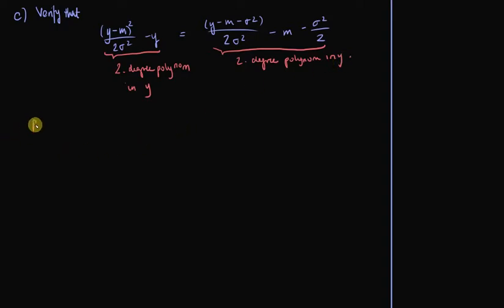And we can recall that if two n degree polynomials agree on n plus 1 points, then they are equal.